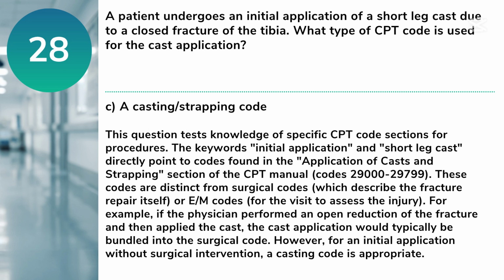These codes are distinct from surgical codes, which describe the fracture repair itself, or E/M codes, for the visit to assess the injury. For example, if the physician performed an open reduction of the fracture and then applied the cast, the cast application would typically be bundled into the surgical code. However, for an initial application without surgical intervention, a casting code is appropriate.